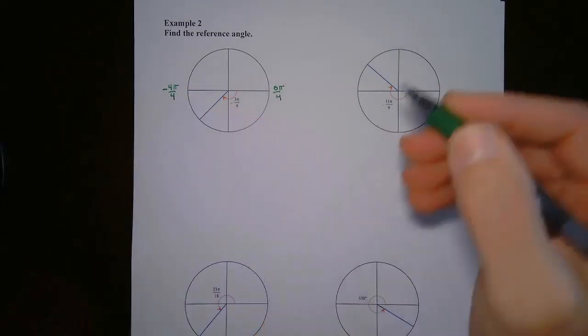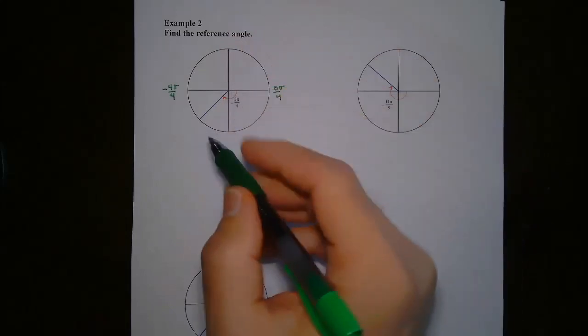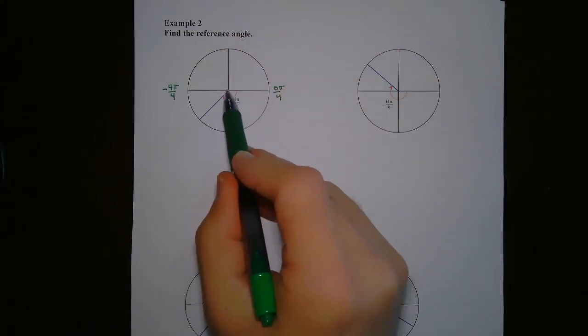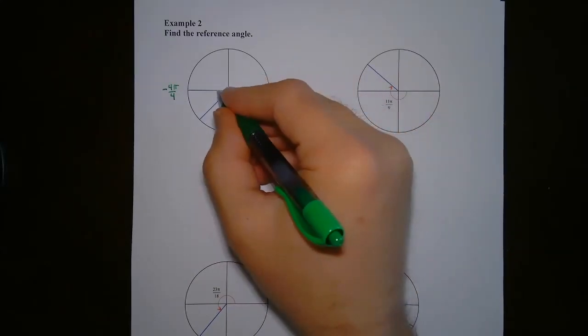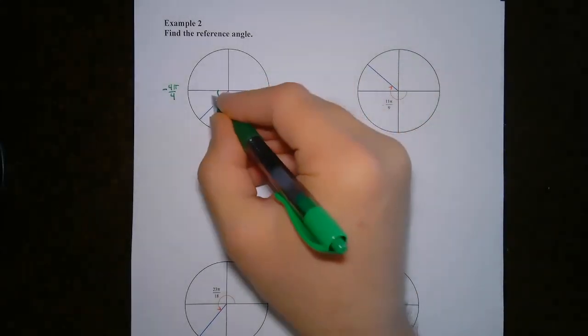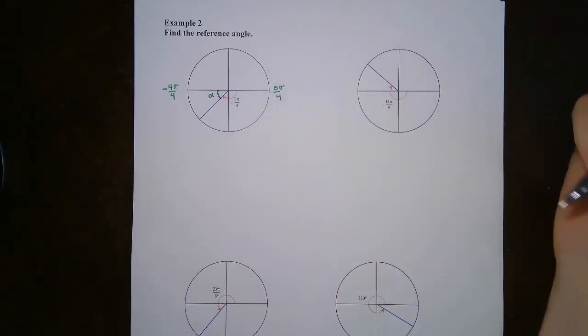The reference angle, my alpha, is always going to be a positive angle. It's made between the terminal side and the x-axis. It has to be acute, so it has to be under 90 degrees. So that would be this angle right here. This is my alpha. In radians, this is really easy to calculate.